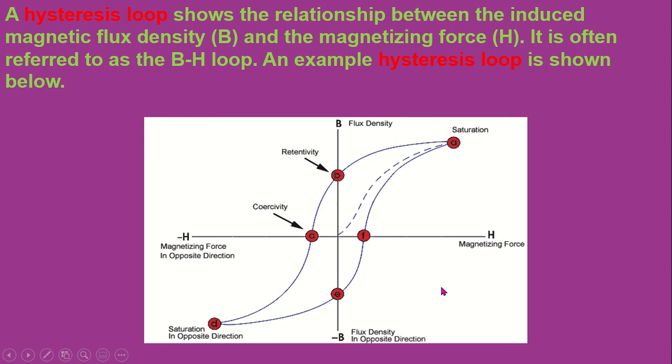At the beginning, the sample of the ferromagnetic substance is not magnetized, and it is denoted by the point O, that is the origin, where there is no net magnetism.